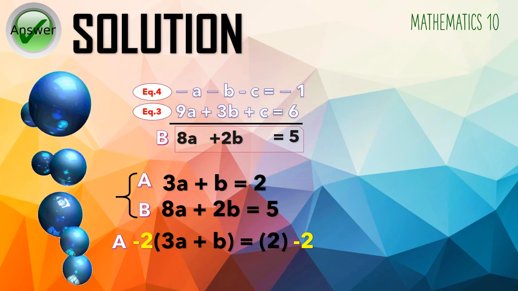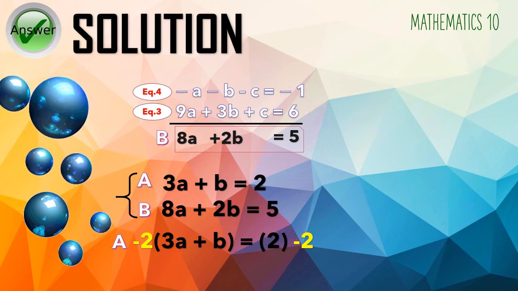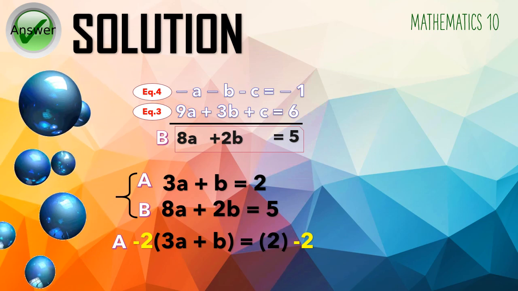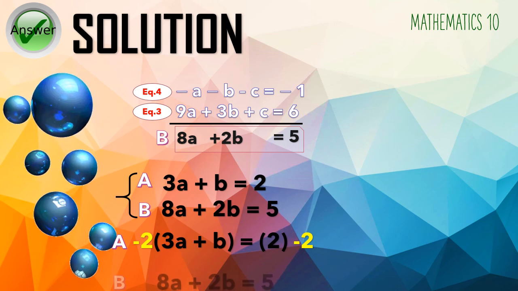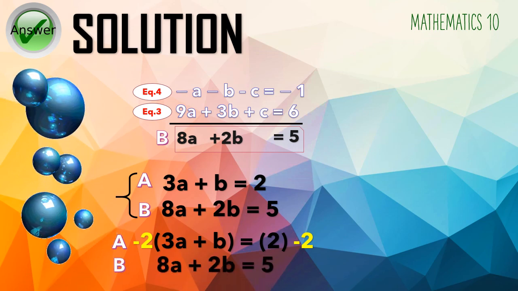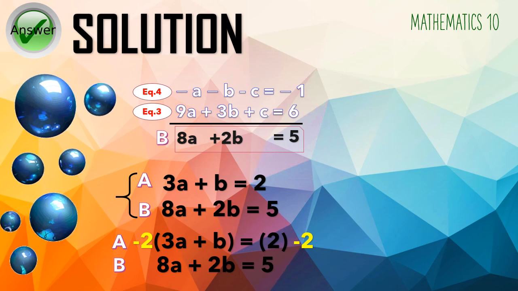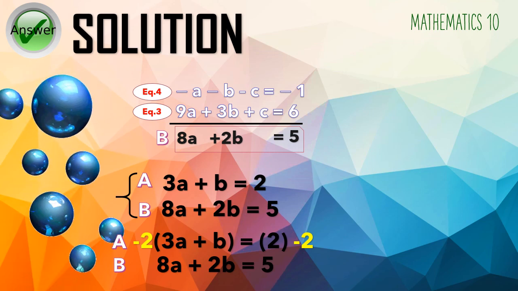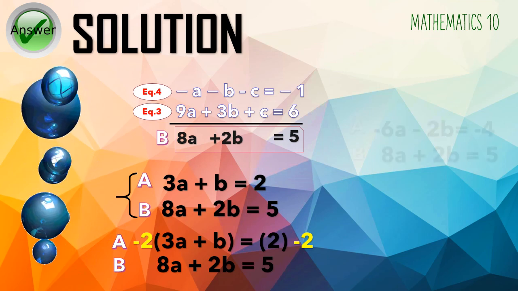So I will look for a factor, and that is negative 2. I will be multiplying negative 2 to equation A so that I will have additive inverses. We will just simply copy equation B.